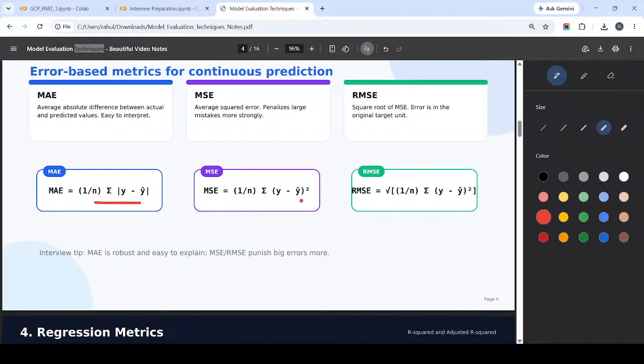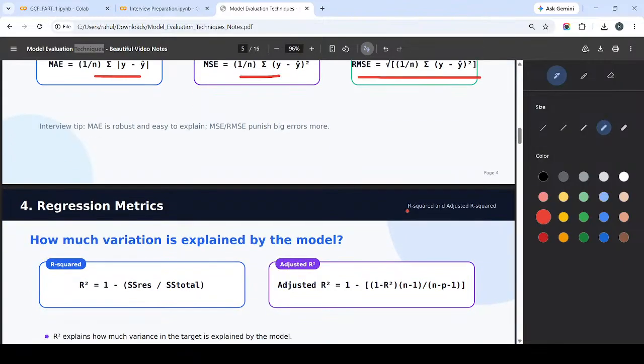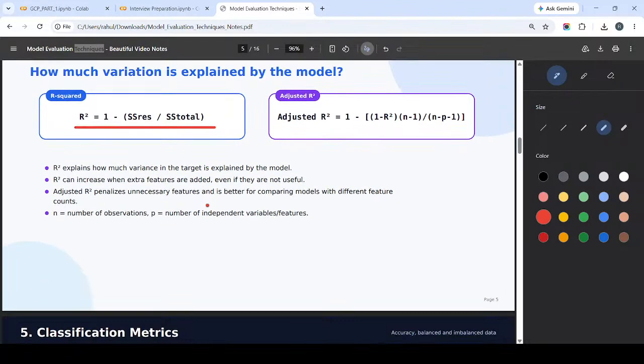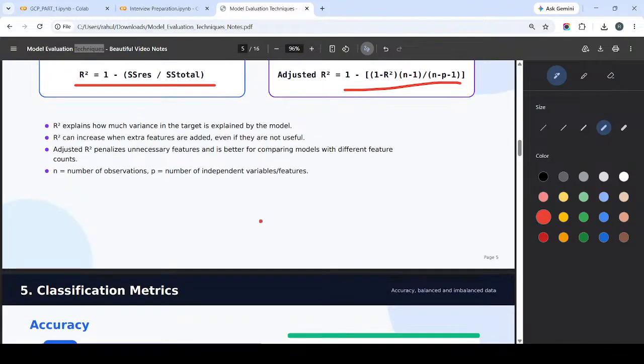Then summation of y actual minus y predicted whole square, and RMSE is y actual minus y predicted whole square divided by n, and then under root. Then R squared is 1 minus SS residual upon SS total. And this is the formula for adjusted R square. You can go through it. N is the number of observations and P is the total number of independent variables.